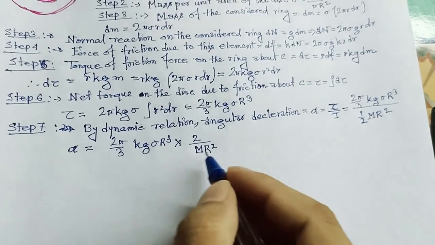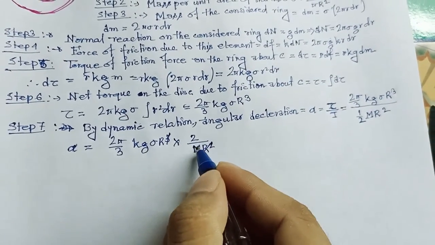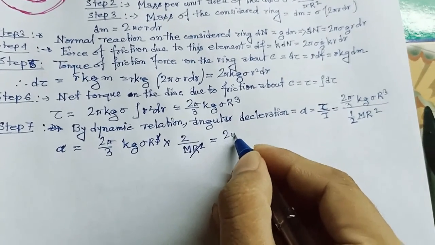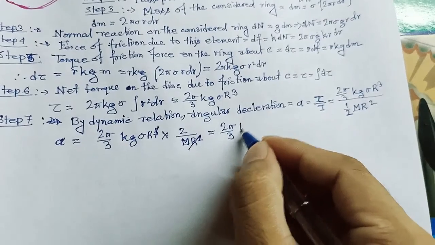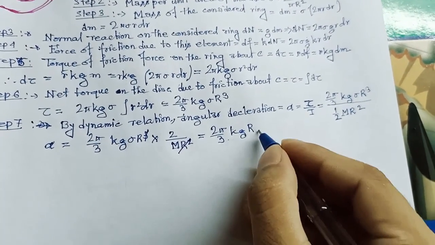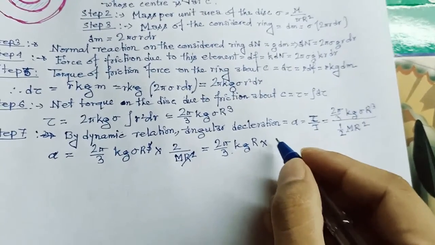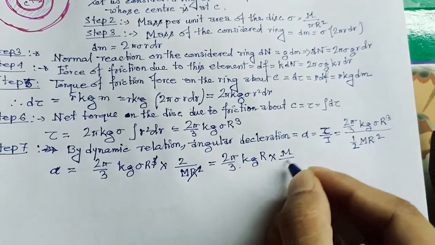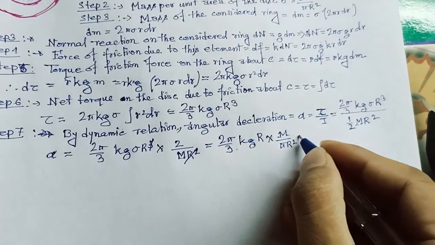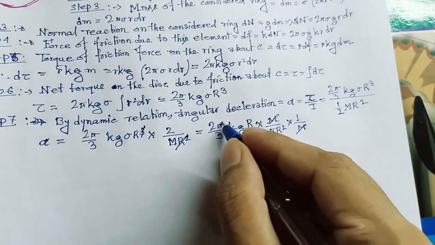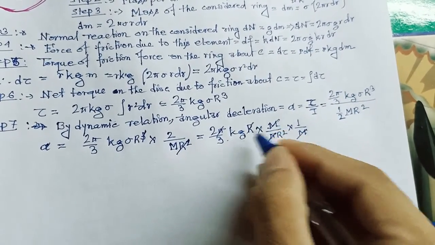So r cancels, and if we put the value of sigma, which we found equal to m divided by pi r square, then it will be 2 pi divided by 3 k g r, divided into, and there is 1 by m, so this m gets cancelled and this pi gets cancelled, and there will be 1 by r.